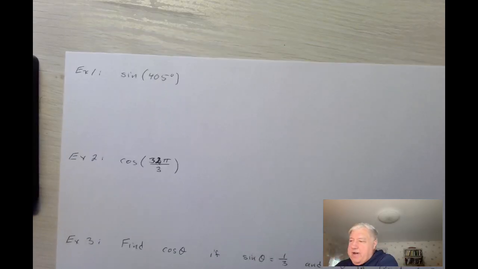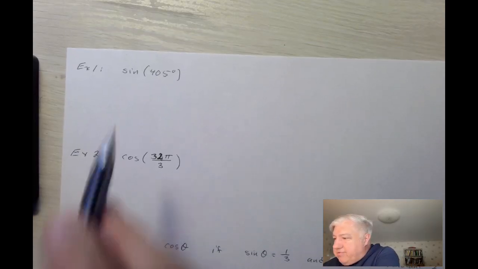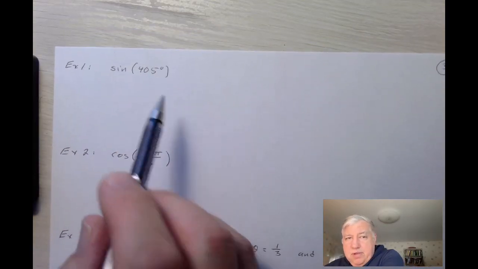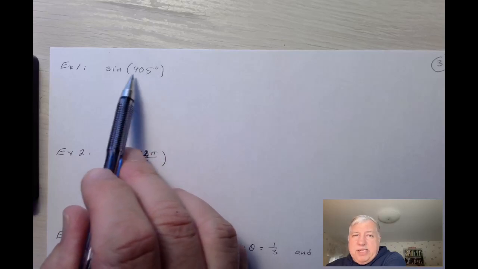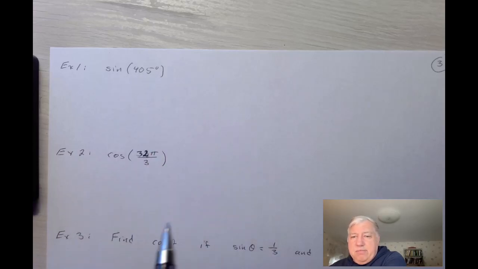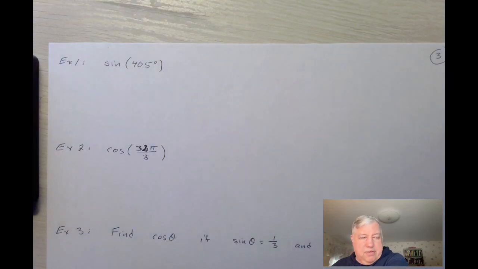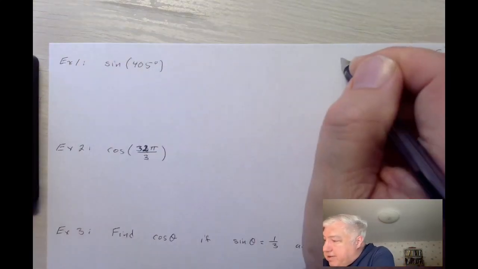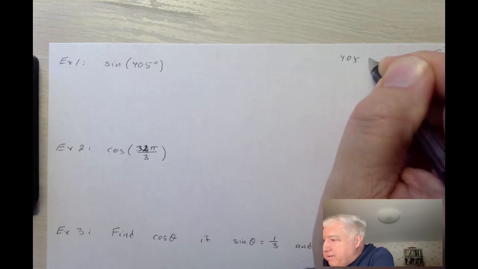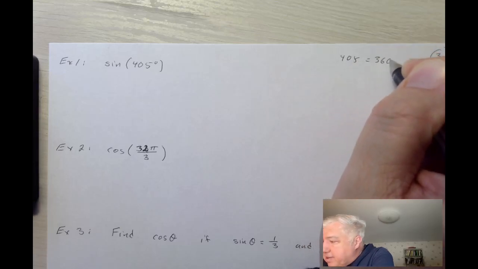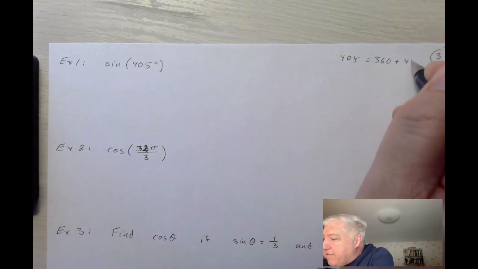So if we wanted to find the sine of 405 degrees, we'd like to replace this with a number between 0 and 360, because we're in degrees. And we know that 405 can be written as 360 plus 45, right?